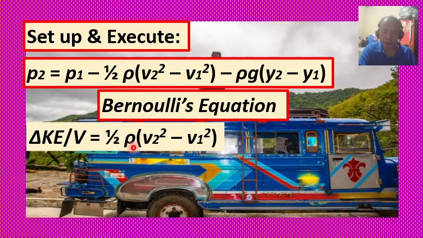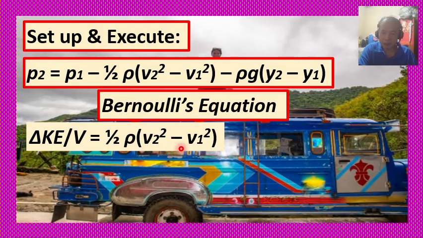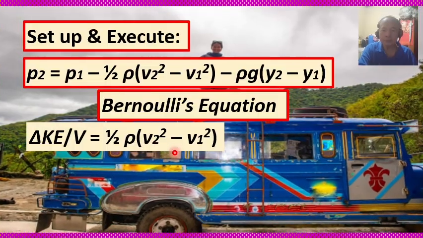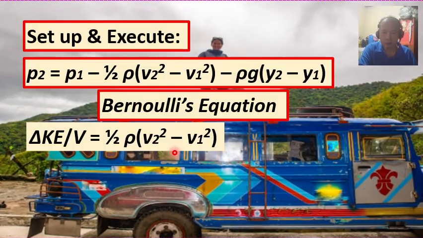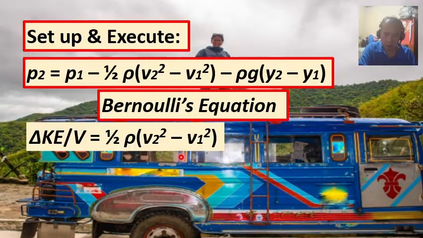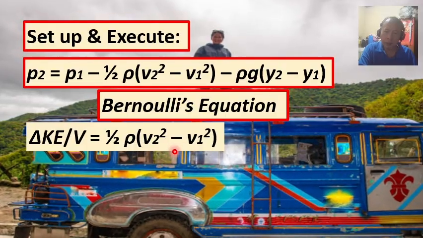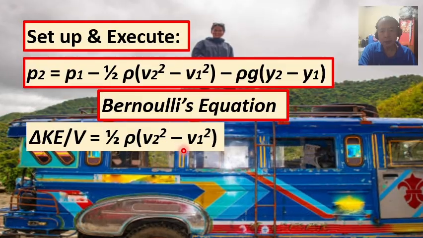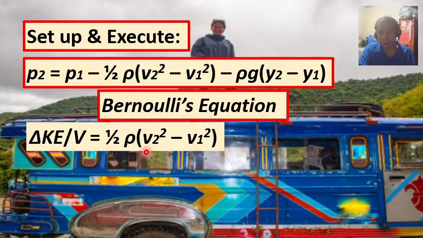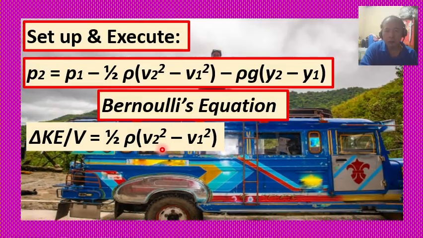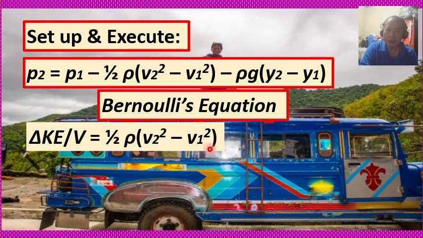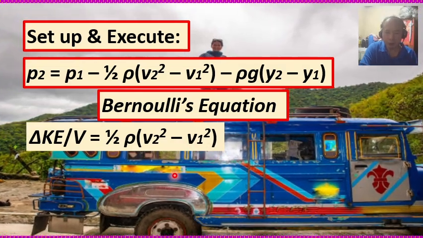Given the values of the density and the speeds V2 and V1, for the speed V2 we already obtained its value earlier in our computation.